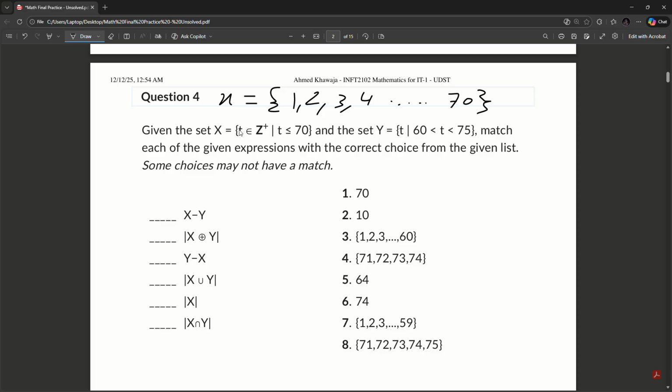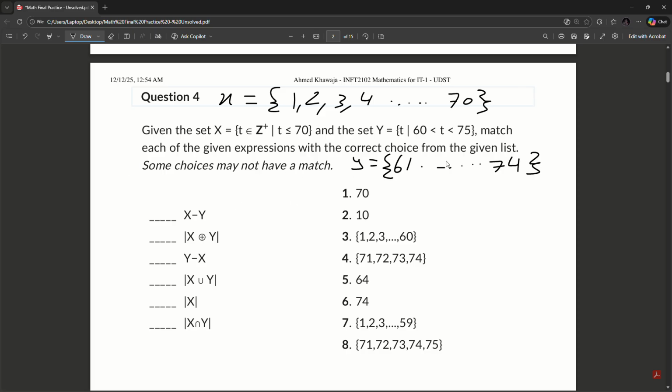And then Y is the integer greater than 60 and less than 75, but it says not equal to. So it's 61 to 74, because again it's not equal to. So the set is 61 and so on up until 74.